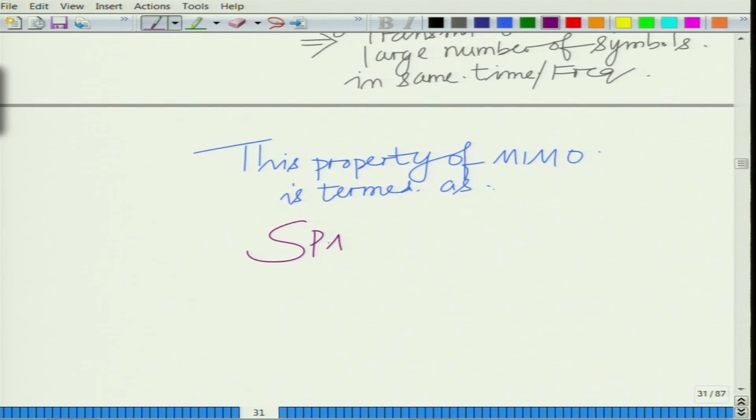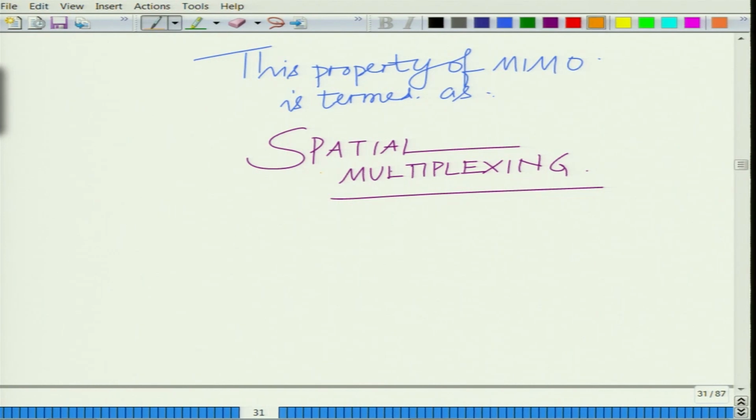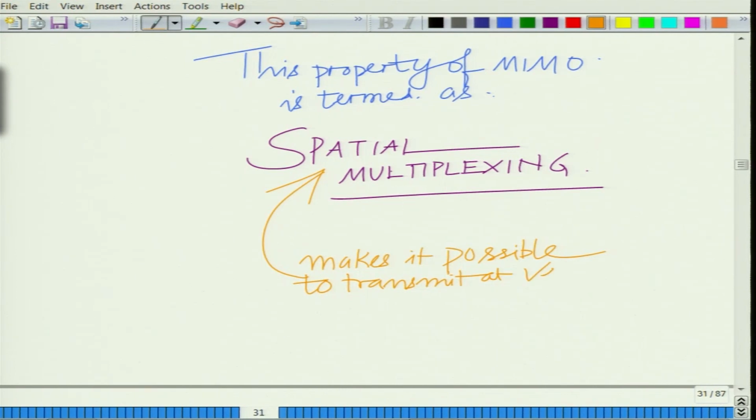So, this is a very important term. This property is termed as spatial multiplexing, and this is a very important property which makes it possible to transmit at very high data rates in 4G and 5G systems.